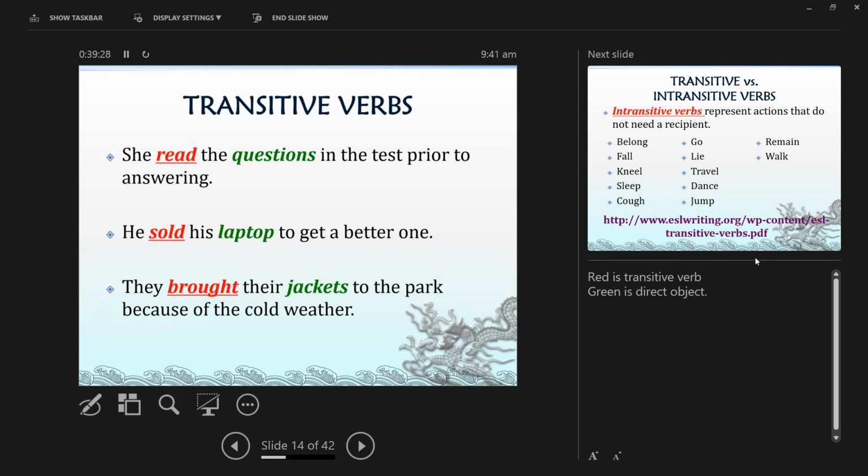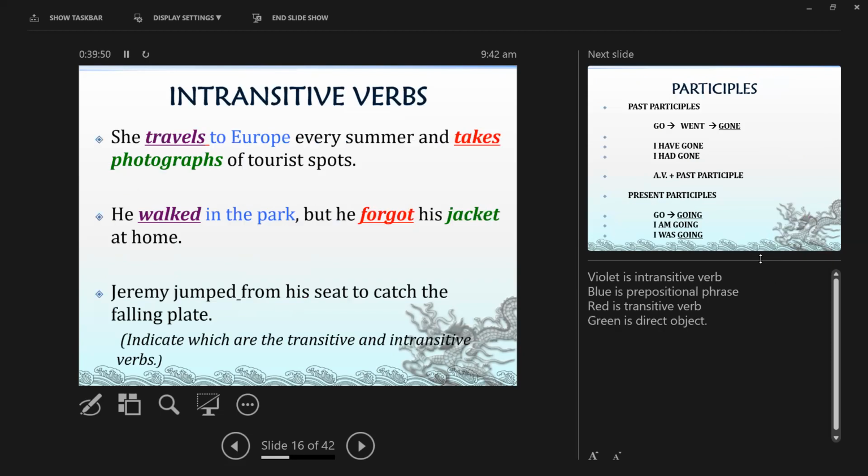That's what you're going to ask when you're looking for the transitive verb. What did she read? The questions. He sold the laptop. What did he sell? The laptop. They brought their jackets. What did they bring? The jackets. So the transitive verbs require a recipient of the action. Is it clear? Unlike intransitive verbs, they do not require any recipient of the action.